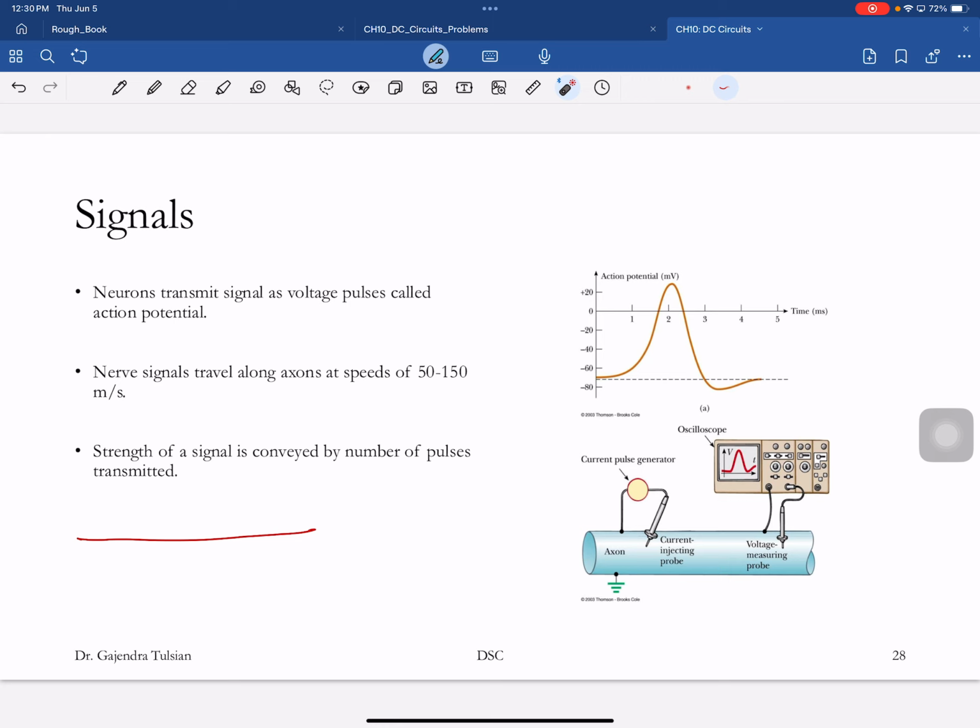That's the width of that nerve impulse. Nerve signals travel at speeds of about 100 meters per second down your nerve. What determines that speed?